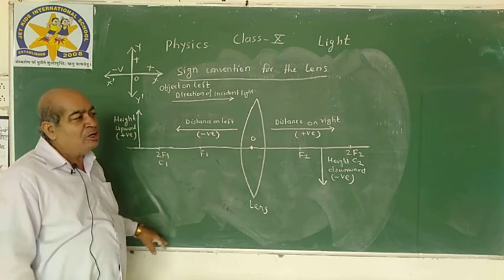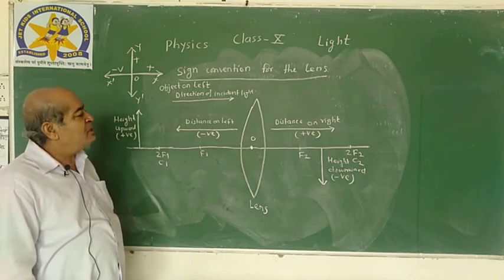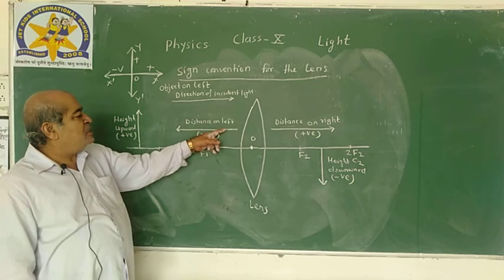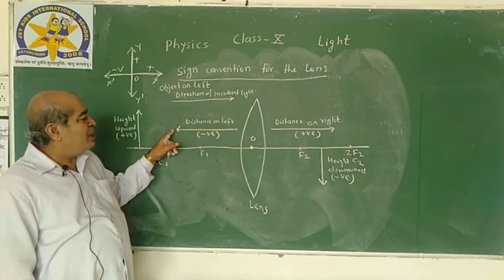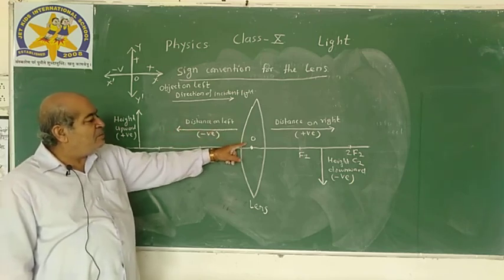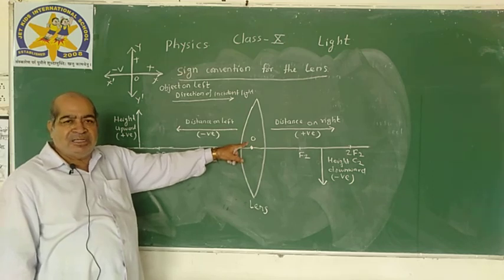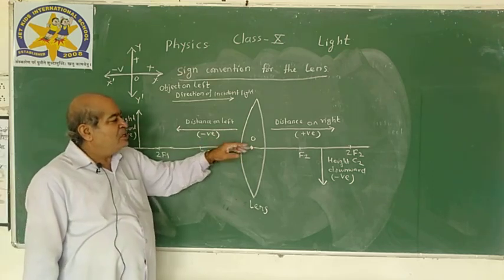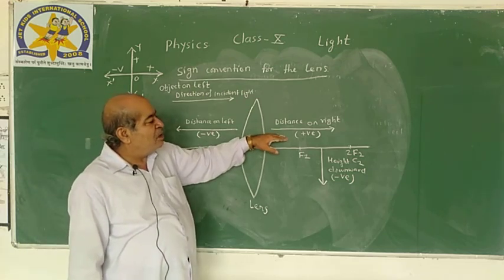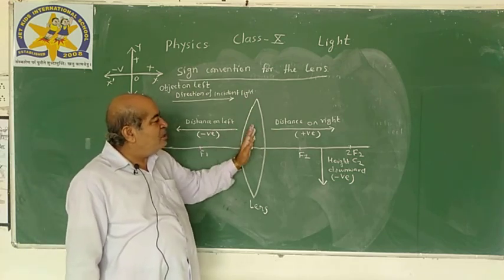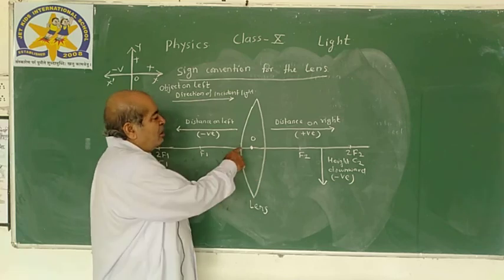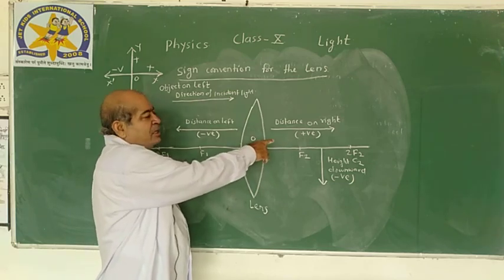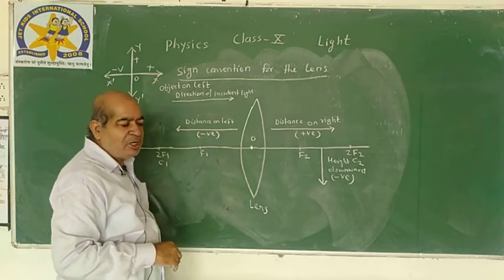Then the third sign convention is, the distances measured on the left side of the optical center or lens are taken as negative. The distances measured on the right side of the lens or the optical center are taken as positive.